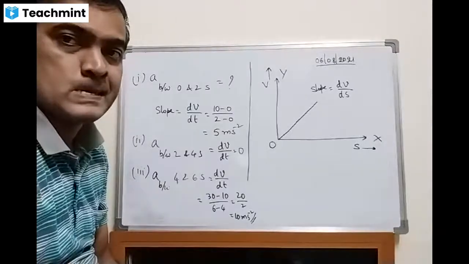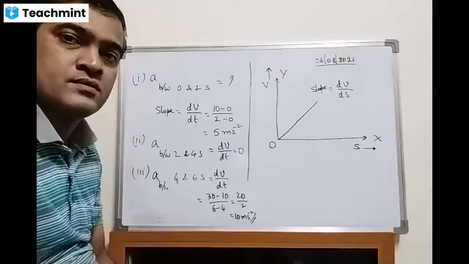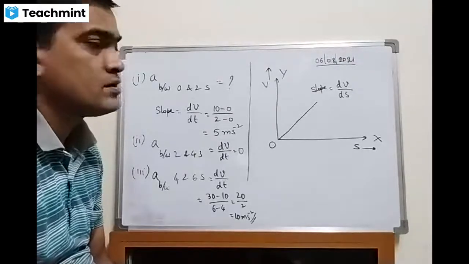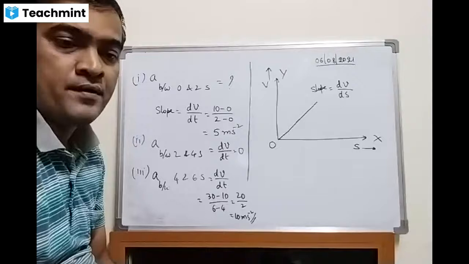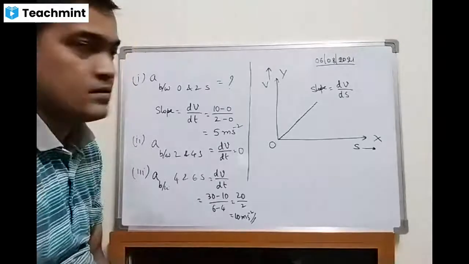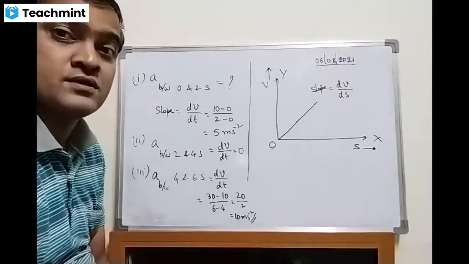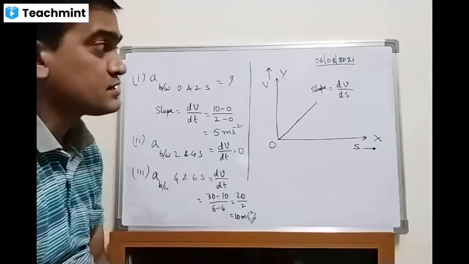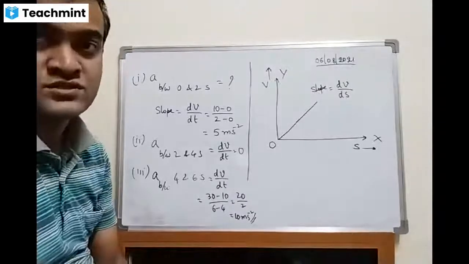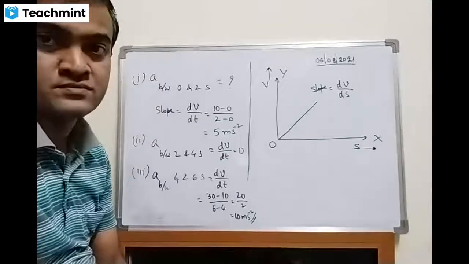No, s by v gives time. But v by s has no physical quantity, no physical significance, meaningless. But I want acceleration at any cost. How to find out acceleration from this?